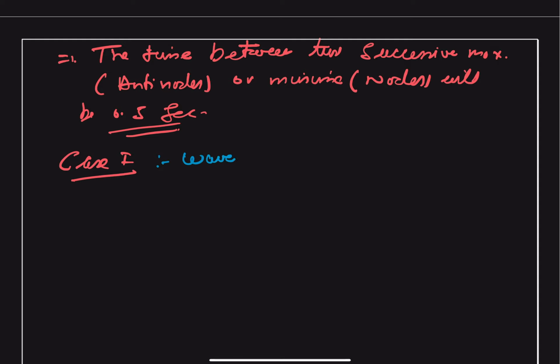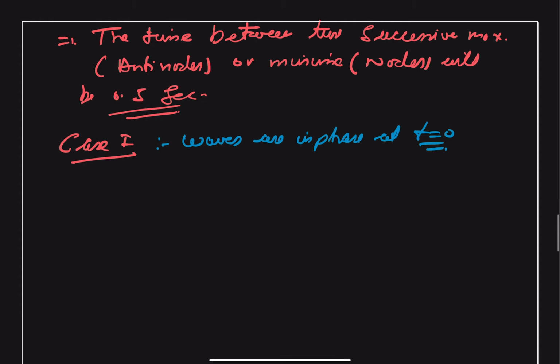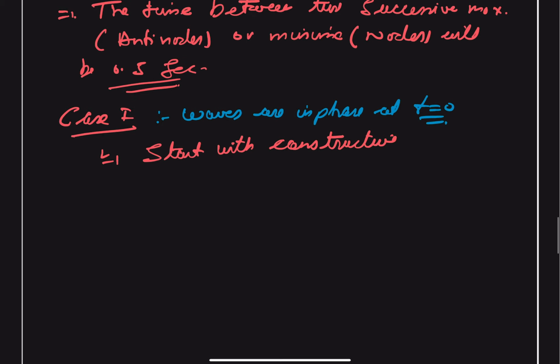Which means that they start with constructive interference. So which basically means that at t equal to 0 we are bound to have an antinode.